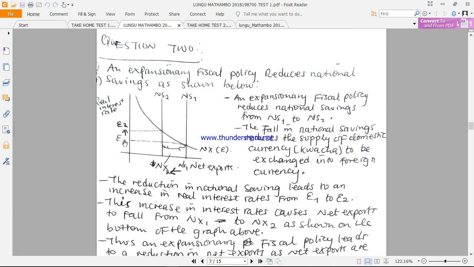The reason is simple: you are reducing the supply of kwacha, so expect the value of kwacha to go up, because let's say there are more foreigners demanding kwacha while the kwacha is in low supply. We must expect the price of kwacha to go up, and the price of kwacha is this, which has gone up from E1 to E2.